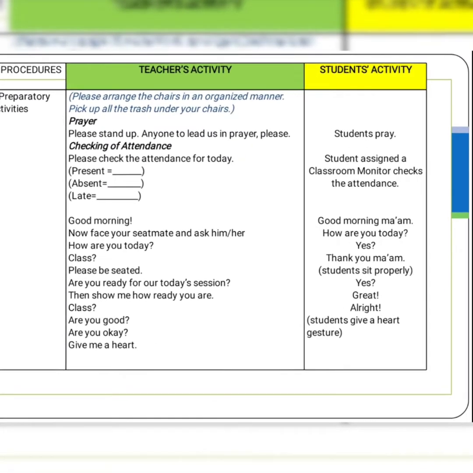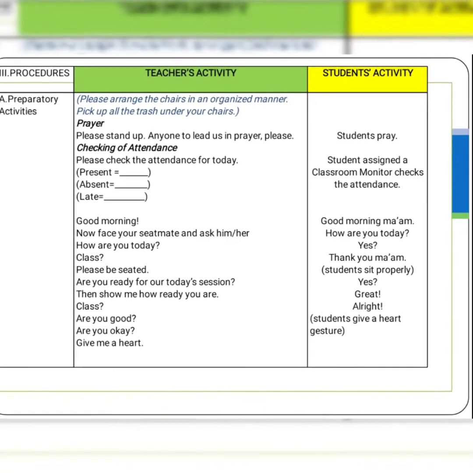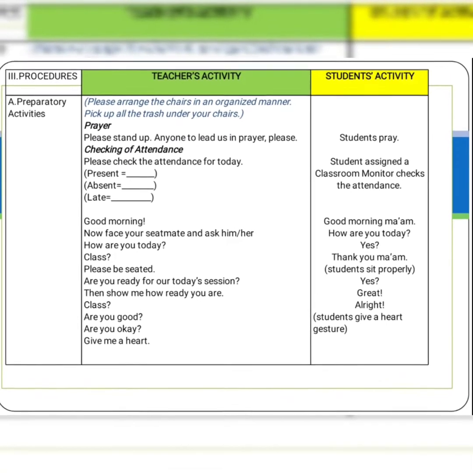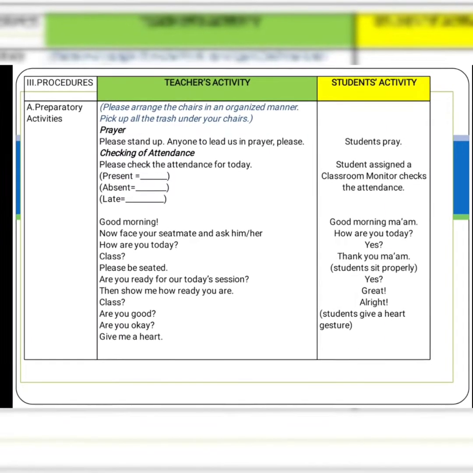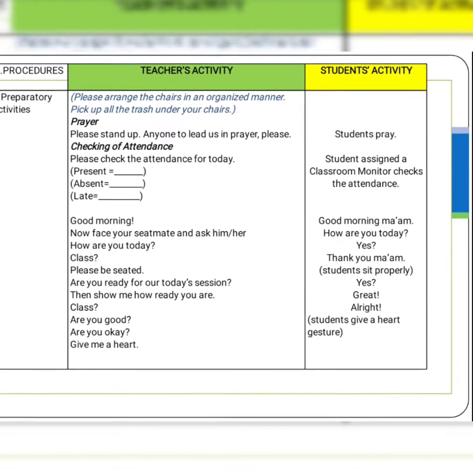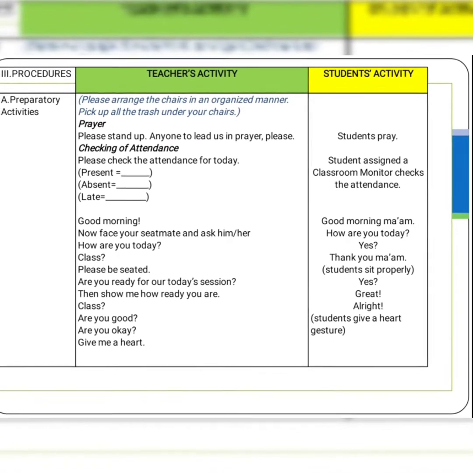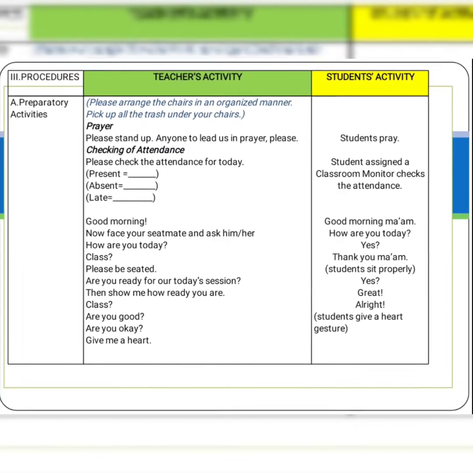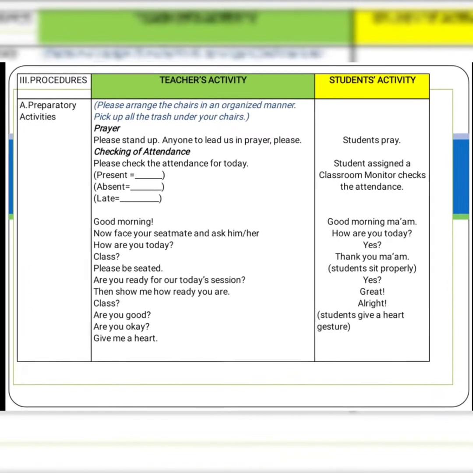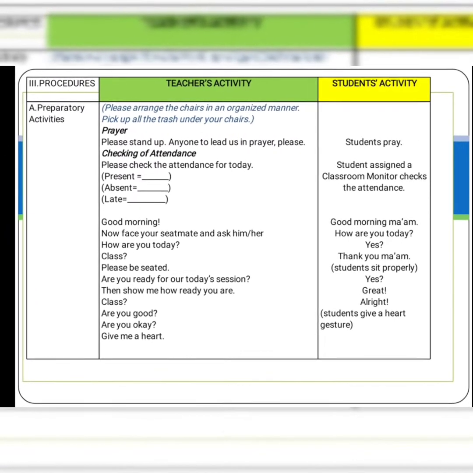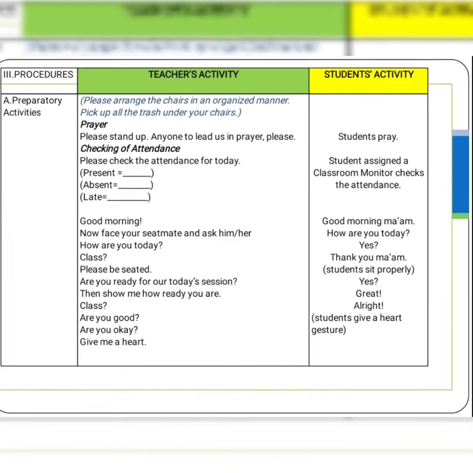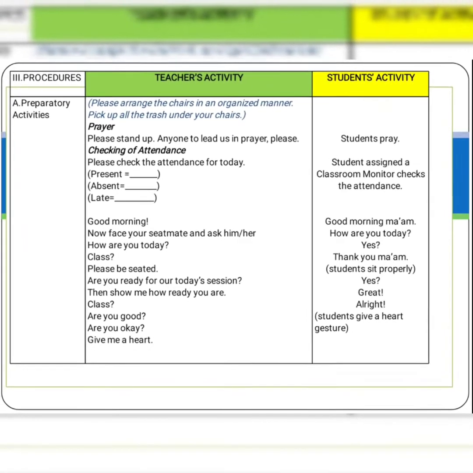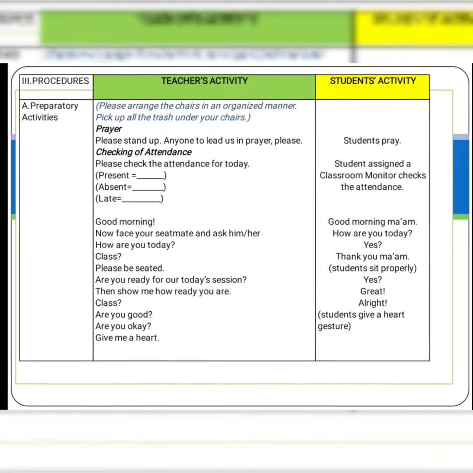So in here, of course, you ask your students to arrange the chairs, to pick up all the trash under their chairs before you can ask them to stand for a prayer. And then afterwards, checking of attendance, not anymore for roll call. You should have one classroom monitor to check.